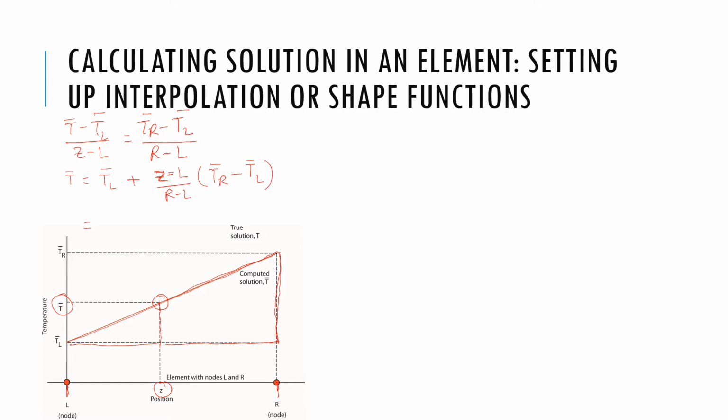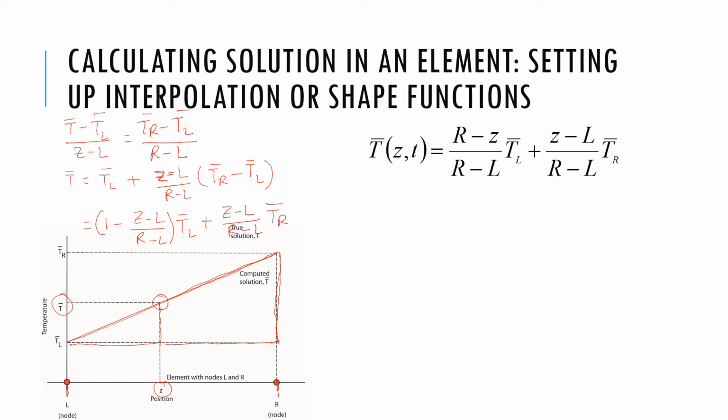And further simplifying, putting the TL terms together, TL bar times 1 minus Z minus L over R minus L, plus Z minus L over R minus L times TR bar. And so if I just do the subtraction, then this is what it looks like.